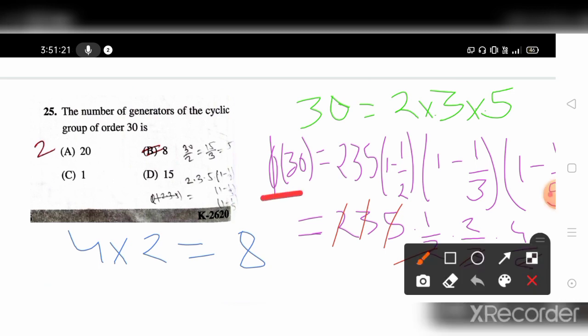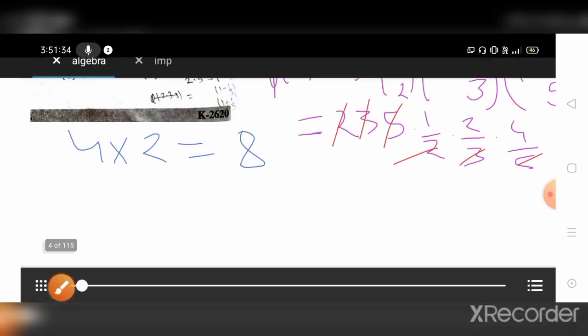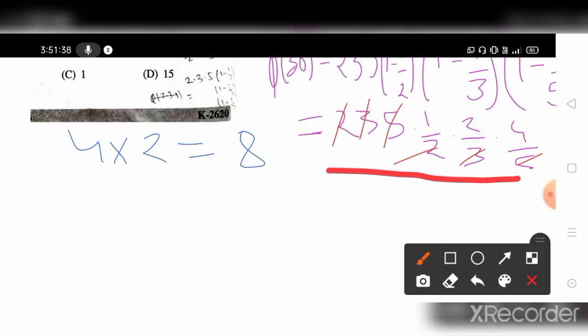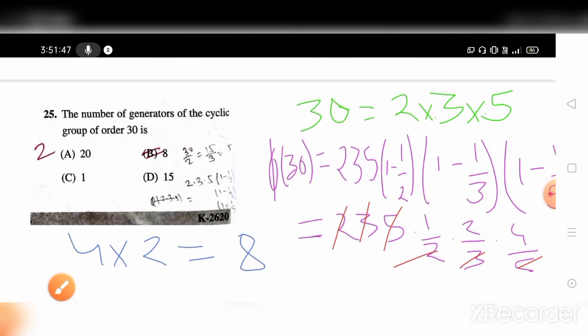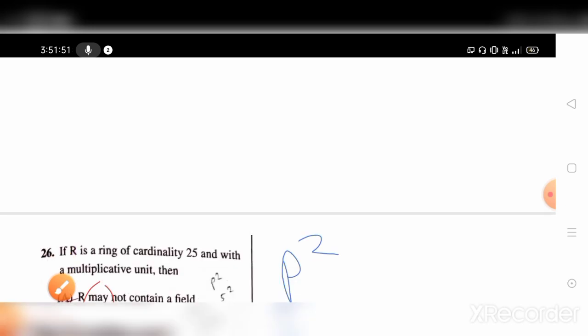Phi of 30 equals 2 into 3 into 5, 1 minus 1 by 2, 1 minus 1 by 3, 1 minus 1 by 5, that is 2 into 3 into 5 into 1 by 2, 2 by 3, 4 by 5. Cancel, 2 into 4, that is 8. Here the answer, option B, is correct.